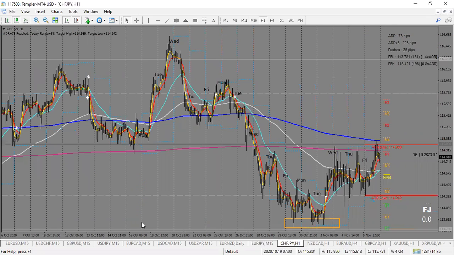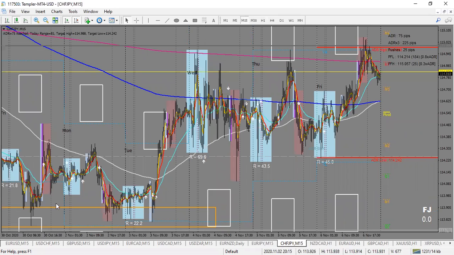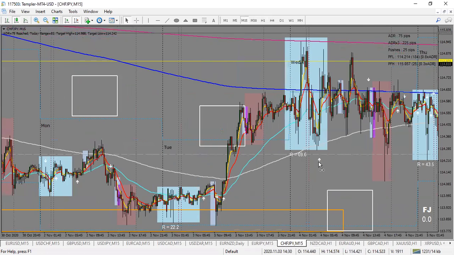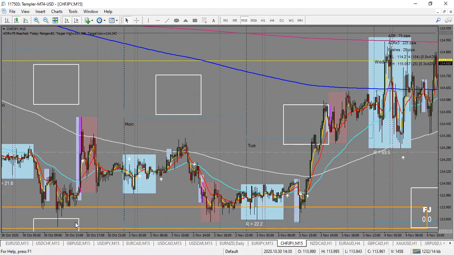And CHF JPY, I remember we had an entry at this point as a buy, but then we had a stop and flow as a 3 swipes to the low.